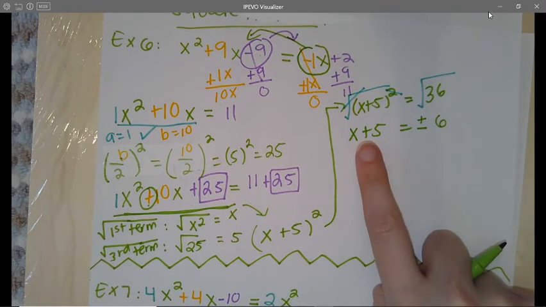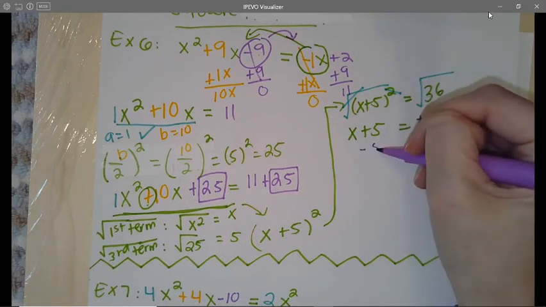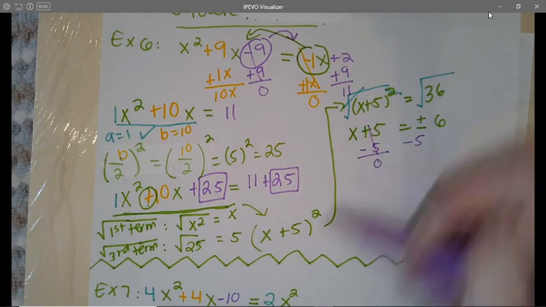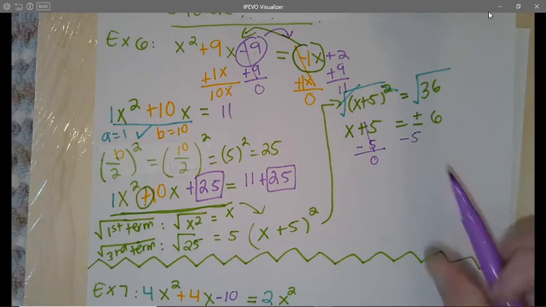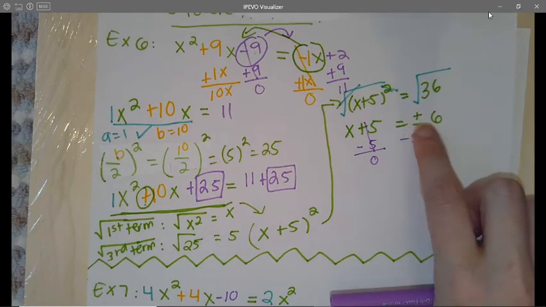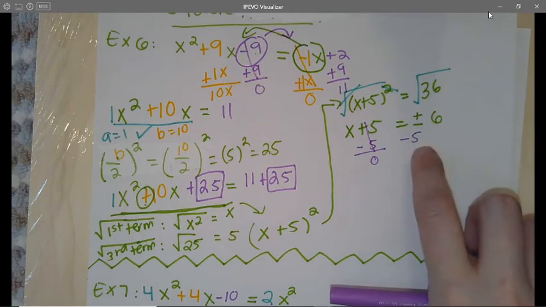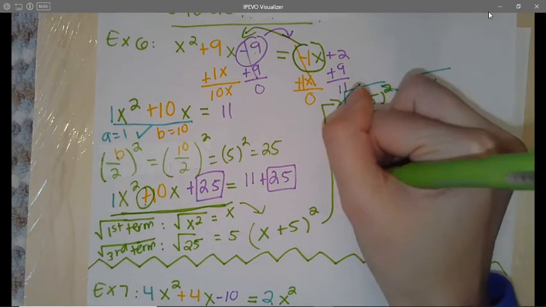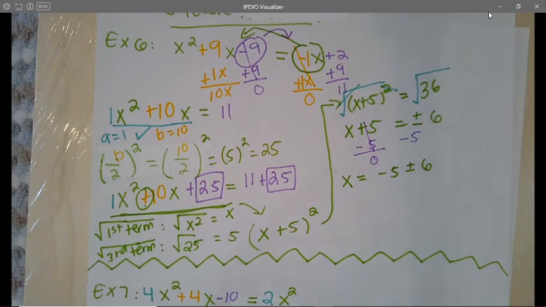So I need to bring positive 5 to the other side by subtracting it on both sides. 5 minus 5 will cancel and turn to 0. On this side, typically we keep the plus or minus with the 6 and write it second, and we're going to write the negative 5 first. So x equals negative 5 plus or minus 6.